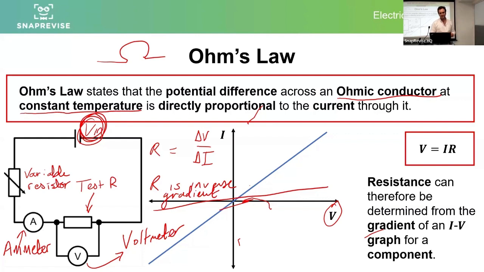When the variable resistor is set high, then not much voltage will be spent on our test resistor. And so we can get the full spread here.